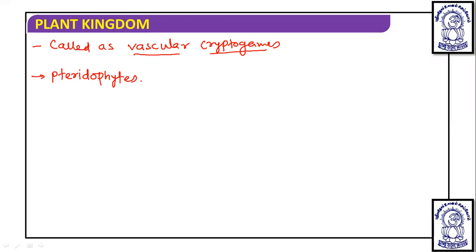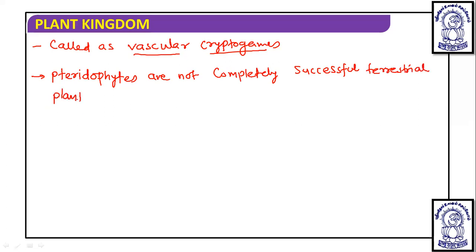Apart from this, it is known that pteridophytes are not completely successful terrestrial plants. So why are they not completely successful terrestrial plants?